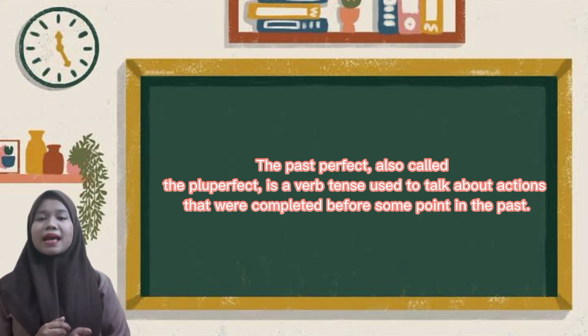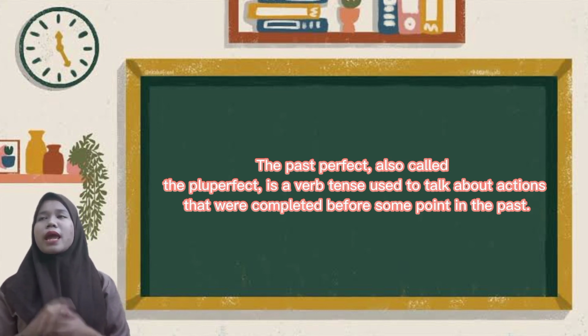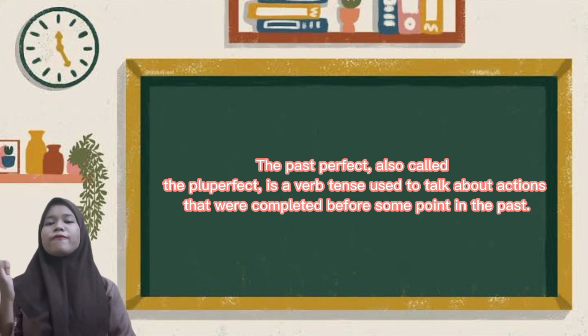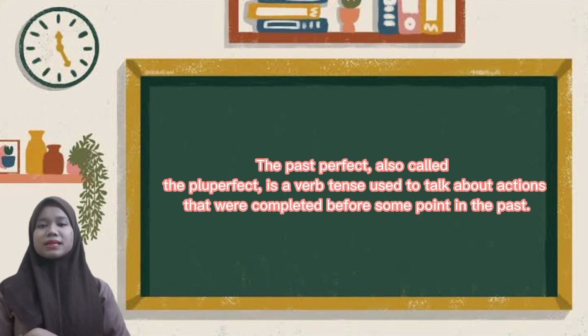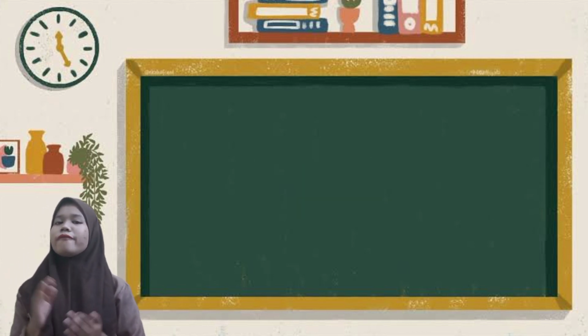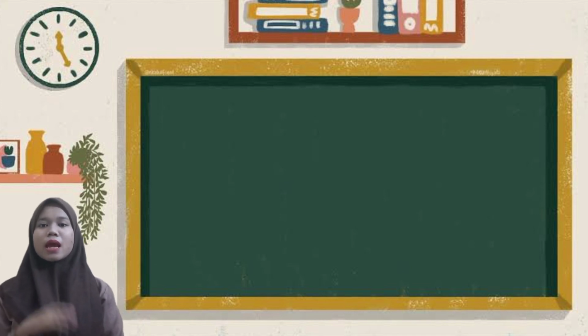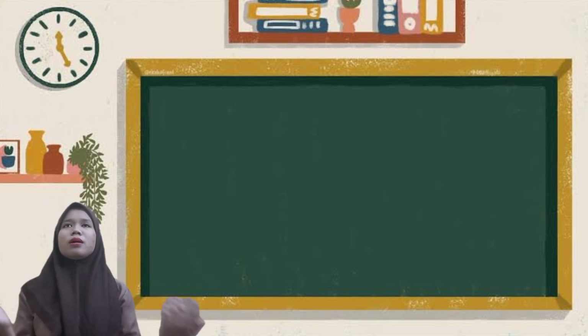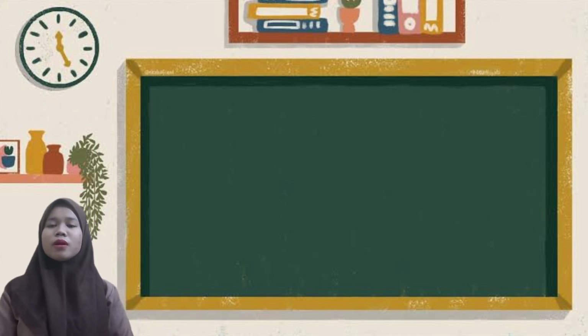It is a verb tense used to talk about actions that were completed before some point in the past. Okay, I hope you will remember the material of today, and you will practice by yourself.